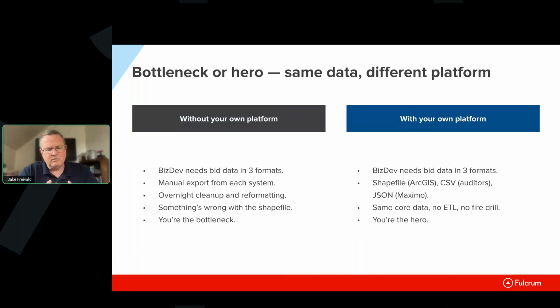I'm going to mention another situation which is not necessarily central to what you would do on a day-to-day basis. But if you ever work with business development, then you may find that they would like to use your data in a way that you currently are not set up to use it.